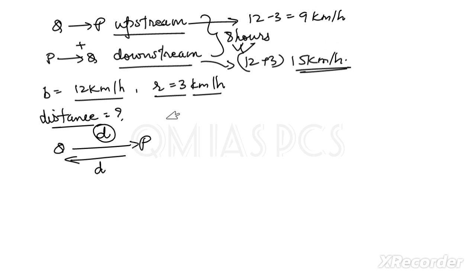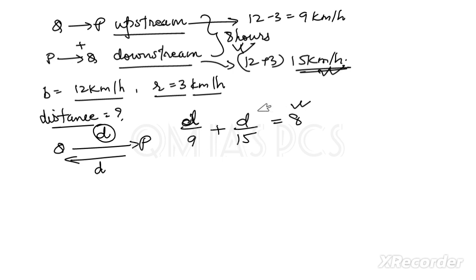So here we will write distance divided by that speed, this will give the upstream time, plus distance divided by this speed, this will give the downstream time. And when we add both, it will be 8 hours. Here it is kilometer per hour and hours, so there is no issue of unit. Now we have to add both.